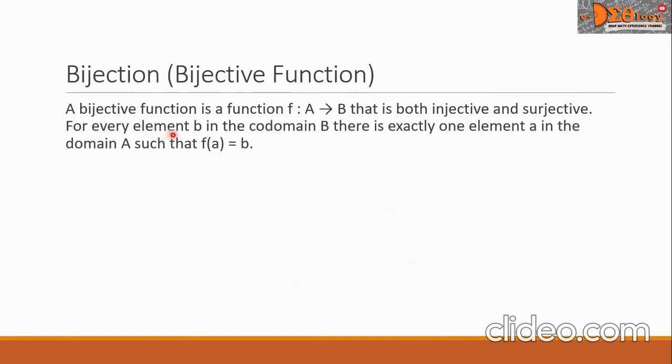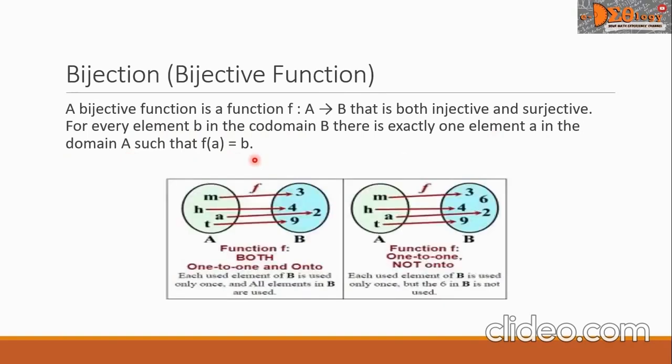For every element B in the codomain B, there is exactly one element A in the domain group A such that f of A equals B. For illustrations, I have here again two functions.